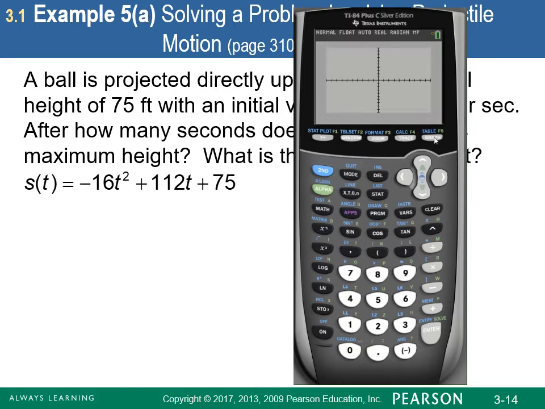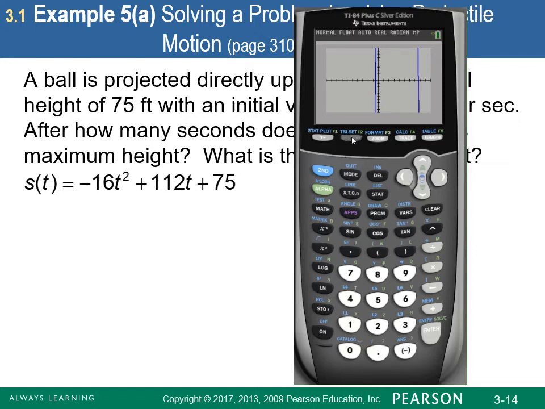If I hit the graph button, I'm going to see some sort of graph, or hopefully see some sort of graph. But this is not the graph I expected. I expected a parabola. So I sort of think that the parabola goes up to some point and then back down again. So I'm thinking the vertex is somewhere in between these two lines.